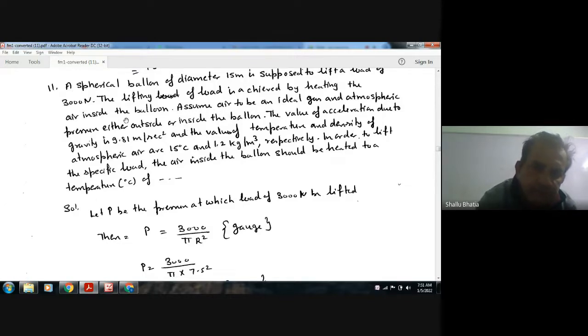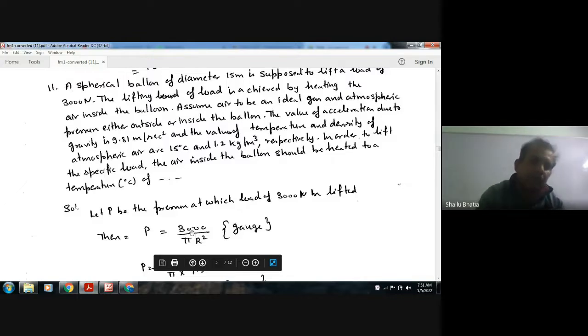Now as it has to lift the 3000 newton load, it has to generate a pressure according to that 3000 newton load. The pressure inside the balloon and outside the balloon is atmospheric, so this is the gauge pressure.